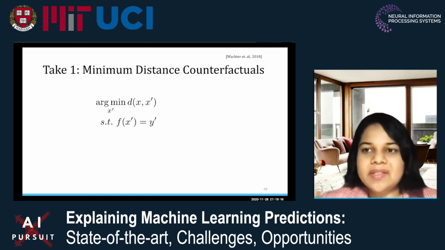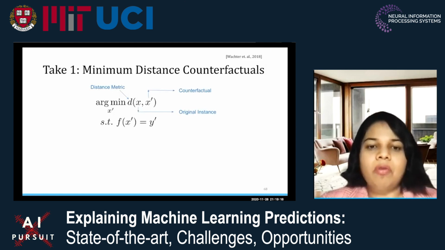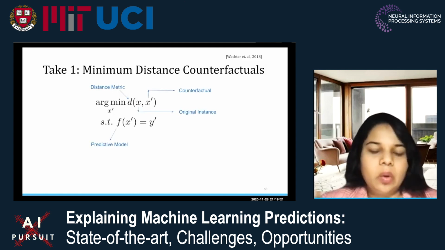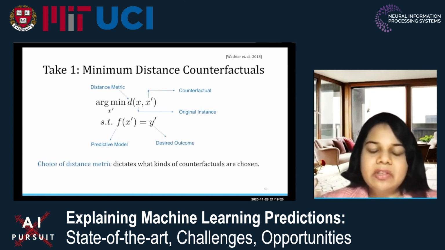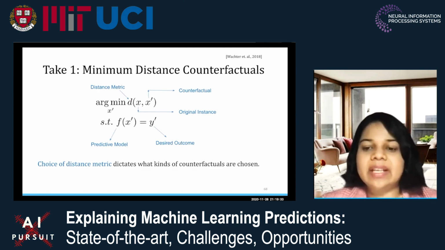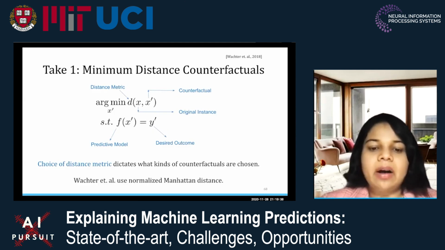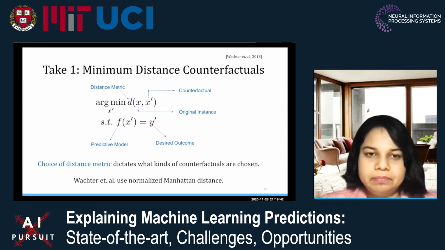So that was their high level idea of what the objective function would look like. As you can see here, the distance metric is a key component of this objective, and the choice of the distance metric dictates what kinds of counterfactuals will actually end up being chosen. And Wachter et al. employed a normalized Manhattan distance as their distance metric.